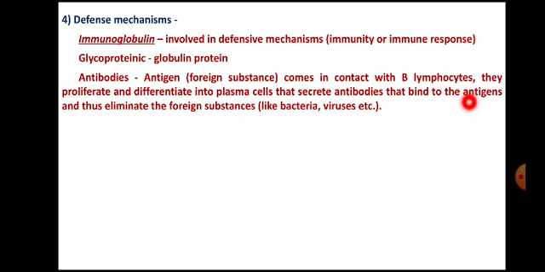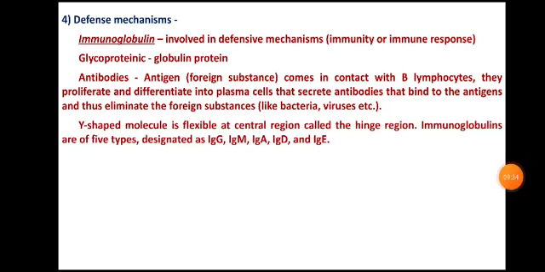All the sites on the antigen are blocked or occupied by antibodies, and that is why this reaction is called a neutralization reaction. They are responsible for elimination of foreign substances like bacteria, viruses, different parasites, etc. So they are involved in defense.